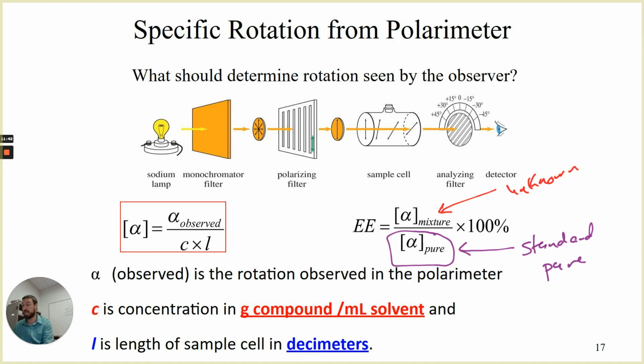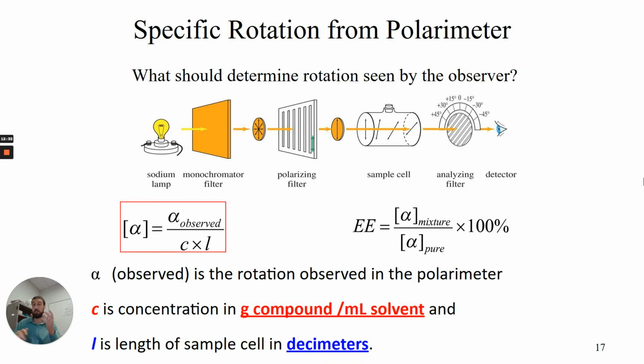If it was different, well, now we know that there's a mixture within that of a little bit of positive, a little bit of negative, and they're canceling each other out, preventing some of that rotation. That allows us to come up with that expression of the enantiomeric excess equaling our mixture over our pure. And then I almost always forget to multiply by 100% when looking at percentages, but there it is.